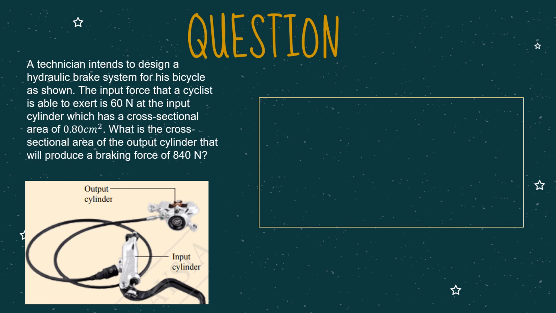What is the cross-sectional area of the output cylinder that will produce a braking force of 840 Newton? Alright, we know F1 equals 60 Newton, A1 is 0.80 centimeter squared, F2 is 840 Newton.